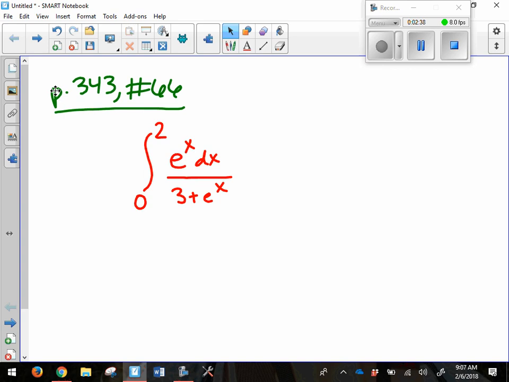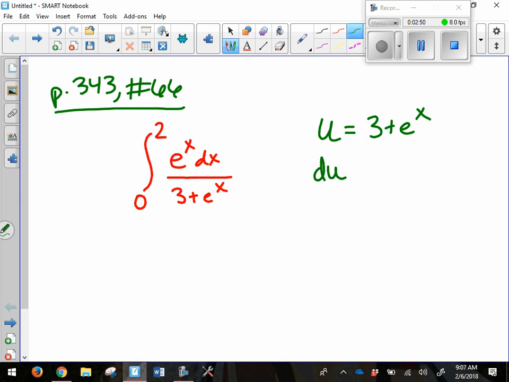Okay. So, what situation do I have here? A denominator. So what am I going to let u be equal to? 3 plus e to the x. All right. So Rebecca, what's du going to be? Nope, because the 3 is a constant, right?